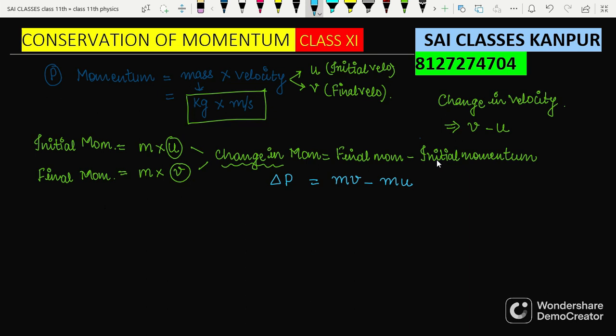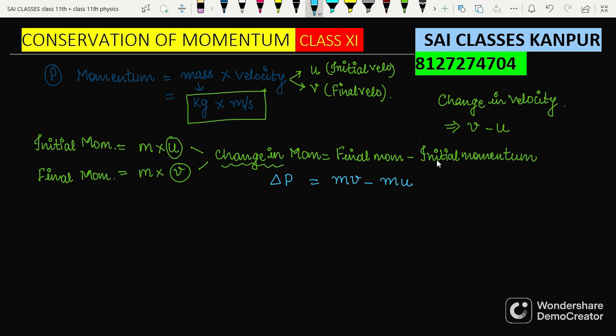If suppose we have taken an isolated system in which energy is neither getting out of the system nor coming into the system, that would be an isolated system. Conservation of momentum means there would be no loss in the momentum, it would remain the same.